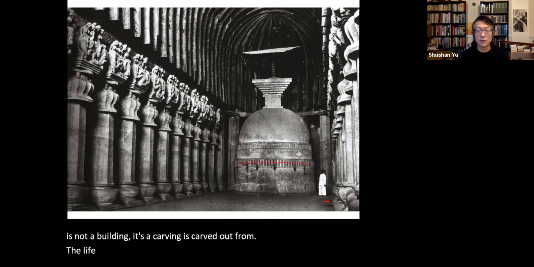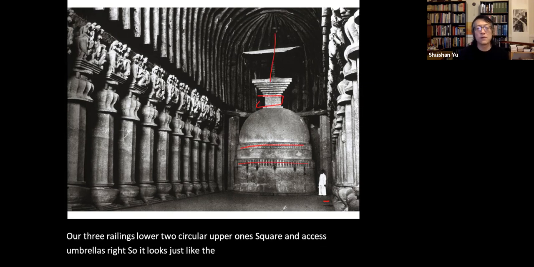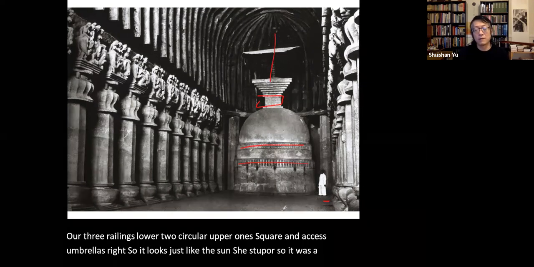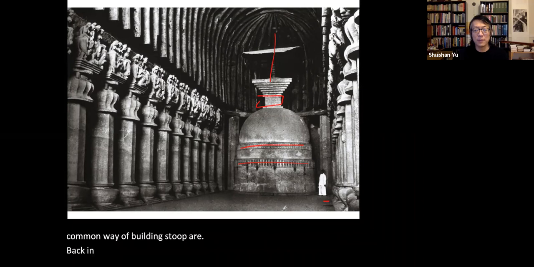Three railings, lower two circular, upper one square, an axis, umbrellas, right? So it looks just like the Sanchi stupa. So it was a very common way of building stupas back in the Maurya and Kushan period.